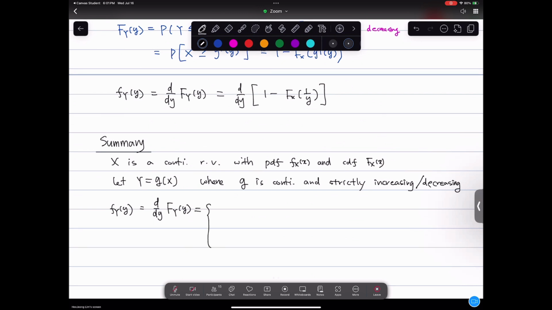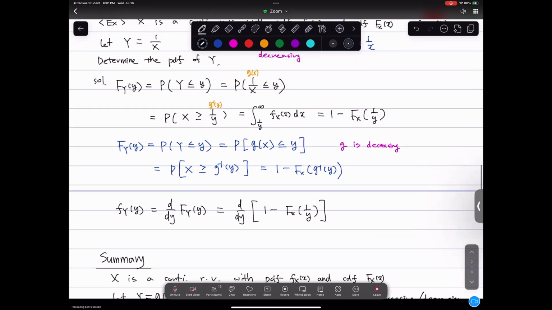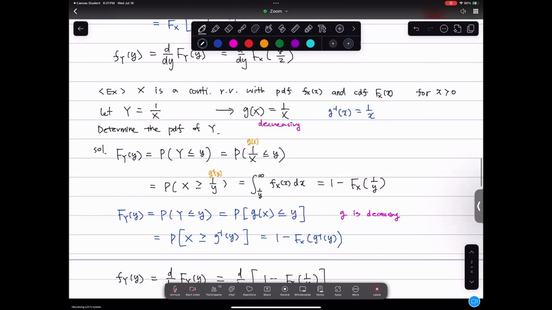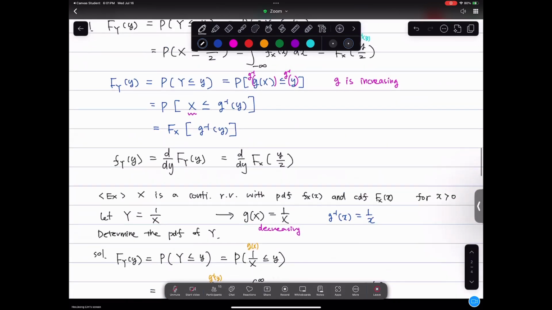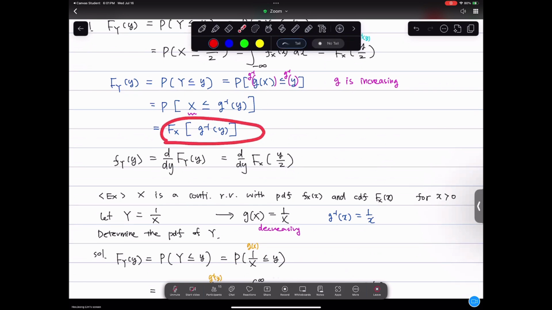So let's go, when your function is increasing, I have right here. So I'm going to take the derivative of this f of y. So I need to go take the derivative of this. Are we okay so far? So let's do that. And this is it.